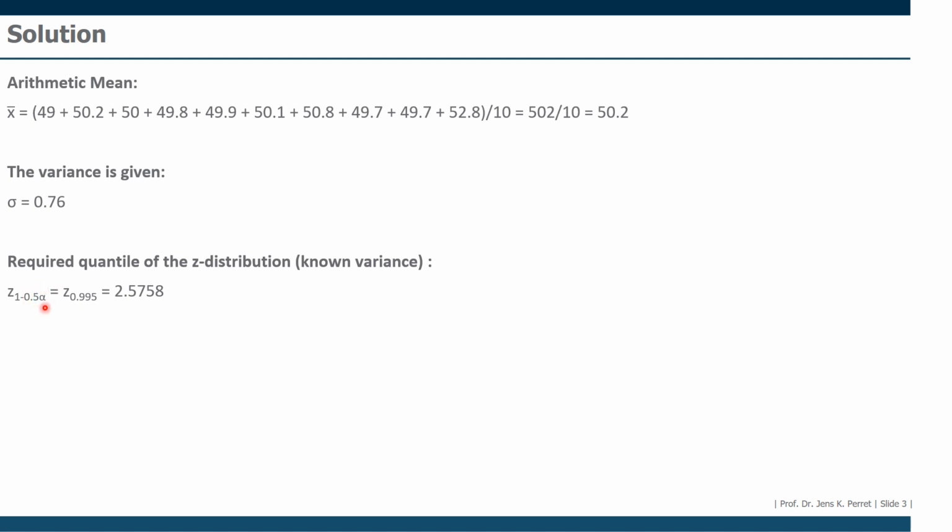Here we said the margin of error should be 1%, so we're using 0.01, getting Z 0.995. This one we can look up in the table for the quantiles of the Z distribution, the normal distribution, where we find a value of 2.5758. So that's our reference value we're going to use in the test on the next slide.